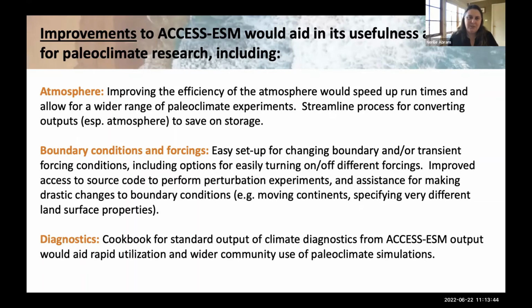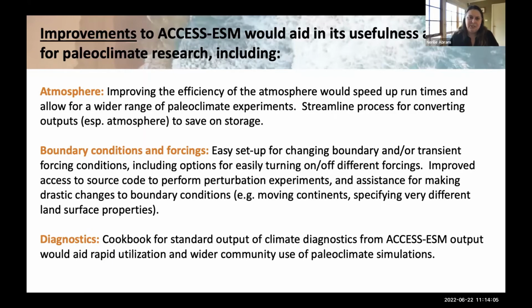That seems to be one of the real time sinks in terms of how expensive that model is to run. It's also something that generates a lot of data as well. So streamlining the process for converting the outputs of the atmosphere would help to save on storage and make it more efficient to run.